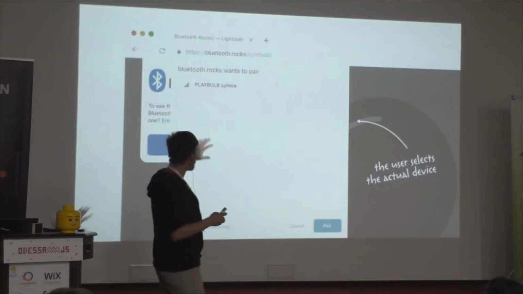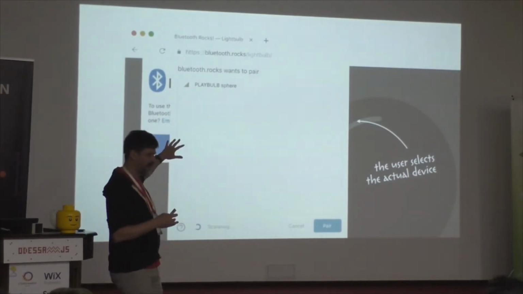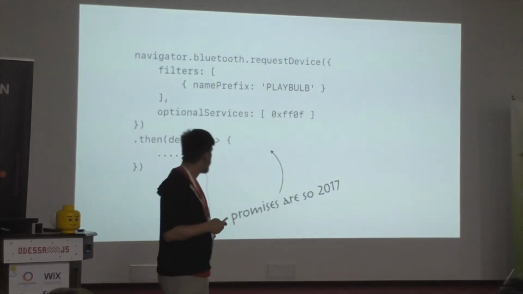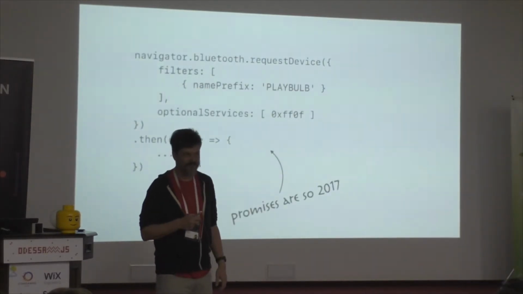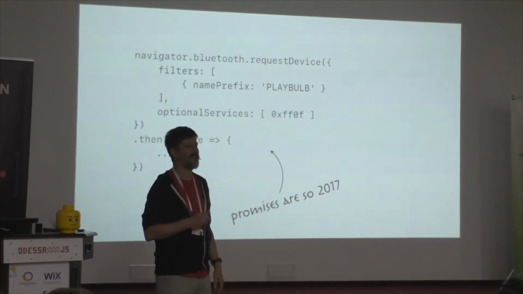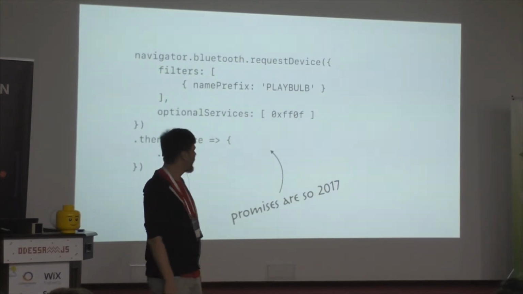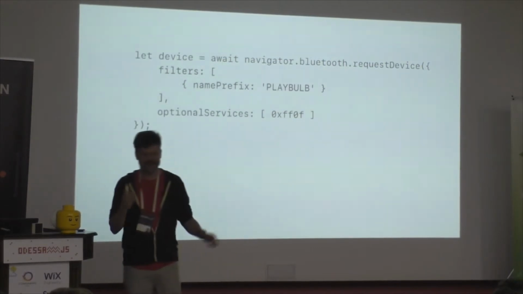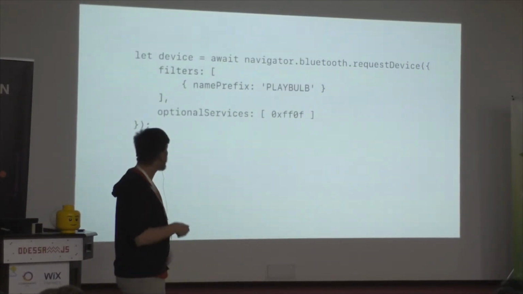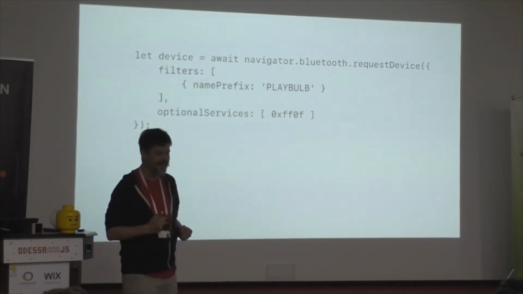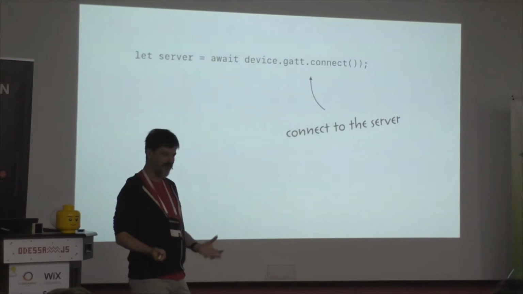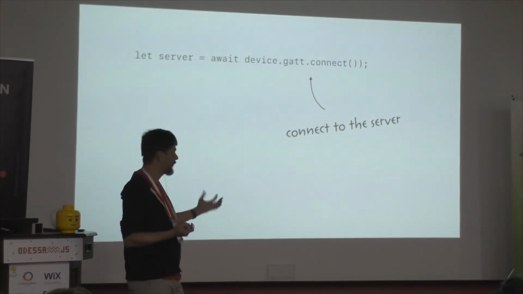So when we click on the device that we want to connect to and click pair, we get a promise back. And promises are so 2017, so let's make that async await, which is way nicer. So we await our device, and once we have our device, we can connect to the GATT server on the device.